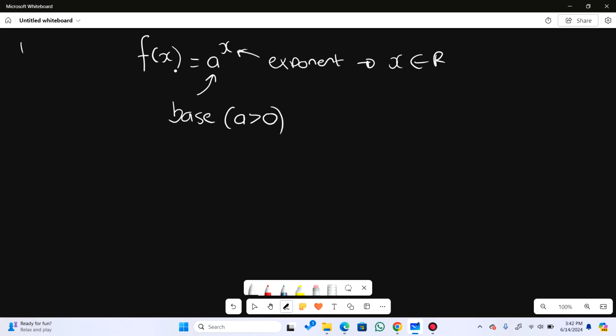So this here is the expression for the exponential function. Of course there will be some additions, where there will be x plus p plus q and all that, but we will look at that later in this video.